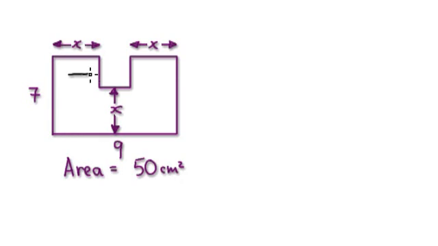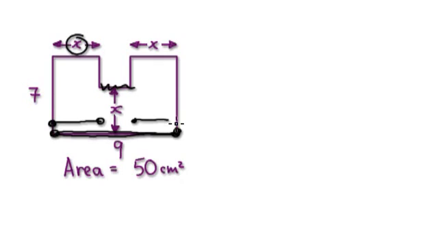So this length here is 7 minus x, and you need brackets because you've got to work out that length first, and then you would times it by the across here, if you like. Imagine this is a string 9 centimeters long, and then cut away this length here, which is x, and then cut away this length here, which is x.